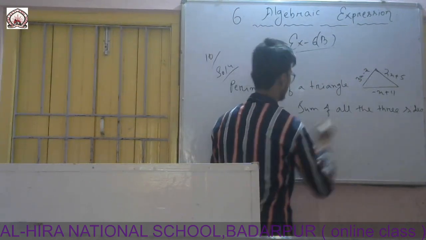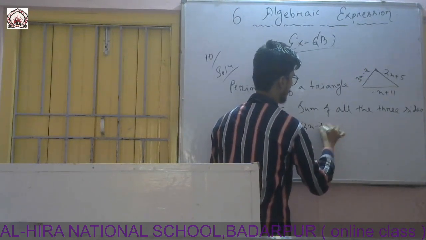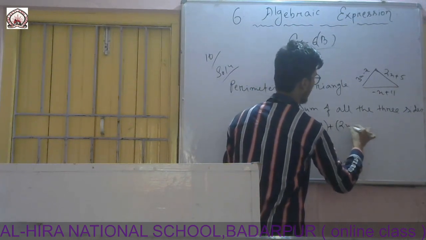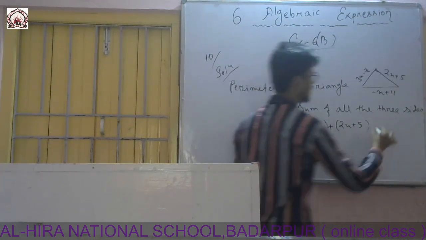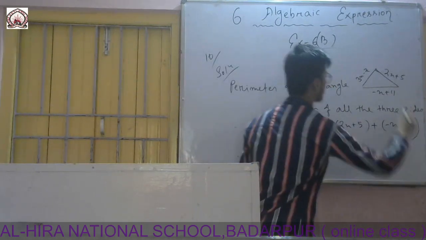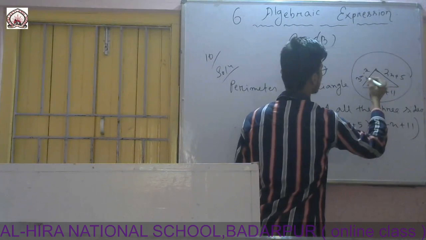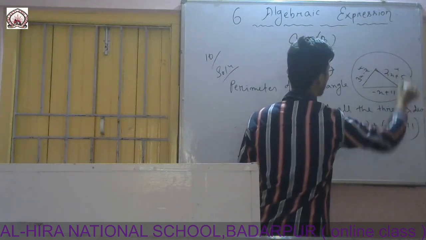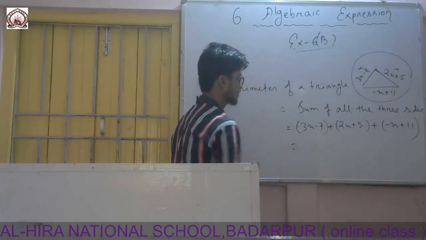So first side 3x minus 7, plus second side 2x plus 5, plus the third side minus x plus 11. Sum of all the three sides, first side plus second plus third. Now I will solve this one.